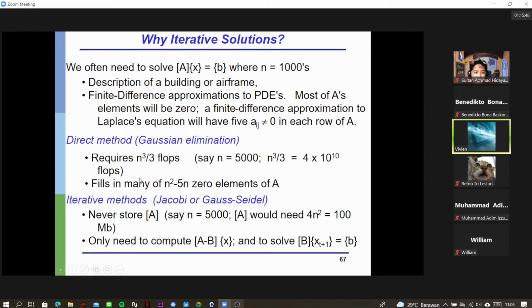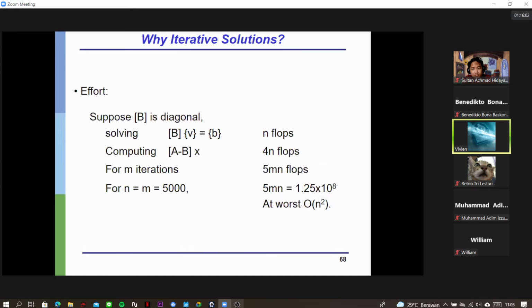While iterative methods never explicitly store a matrix, so if we have a sparse matrix, that will be a saving of memory. And it will also be faster when we do the calculations.